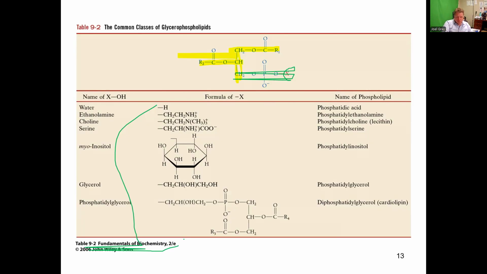So these are going to produce different phospholipids: phosphatidic acid, phosphatidylethanolamine, phosphatidylcholine, phosphatidylserine, phosphatidylinositol, phosphatidylglycerol, and diphosphatidylglycerol.